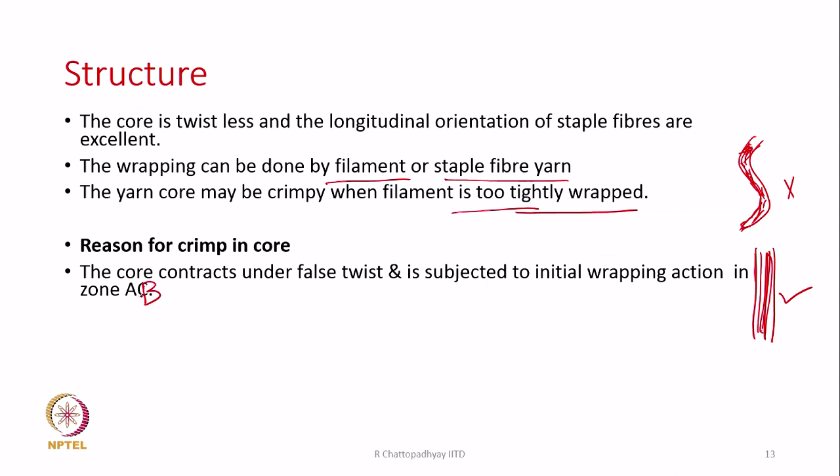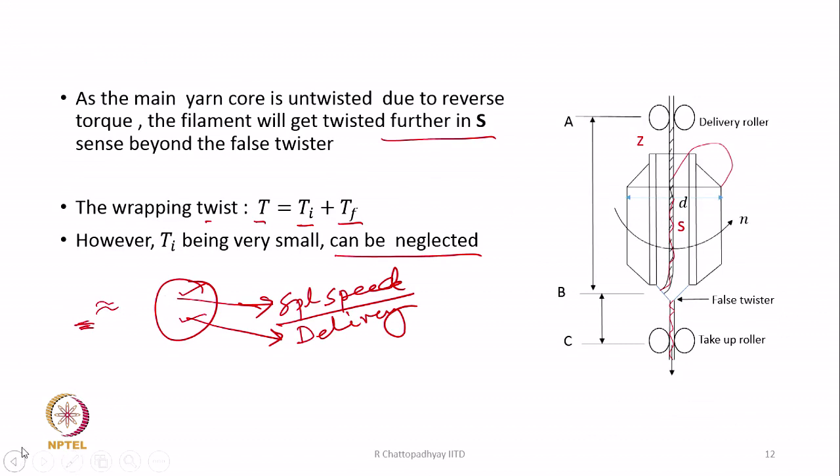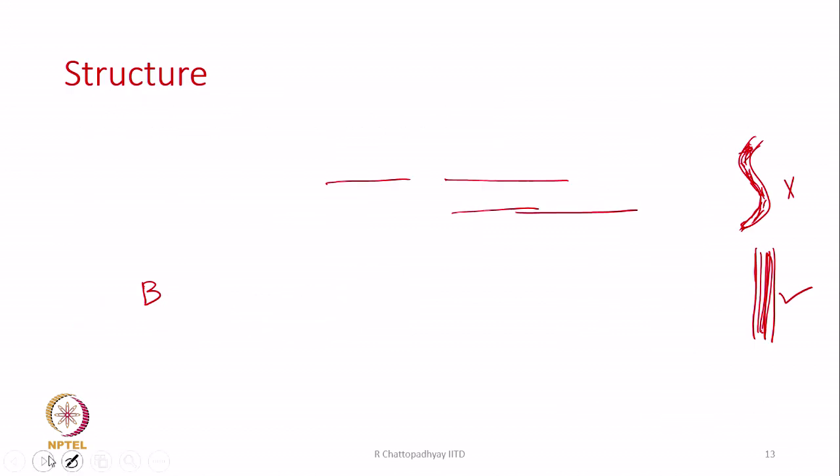If we look back at the previous diagram, A is the drafting roller nip, B is the spindle where the false twister is there, and C is the take up roller. Let us look back at the diagram again. We again move forward.